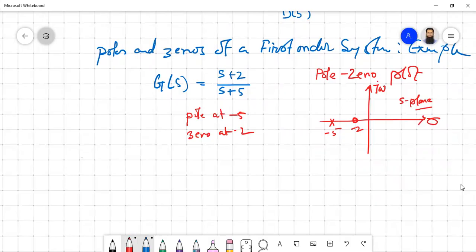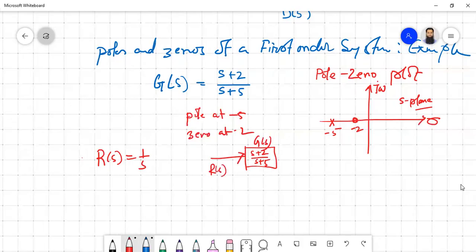For that, let us apply one test input, say R(s) equal to 1 by s, on this system, G(s) equal to (s plus 2) divided by (s plus 5).